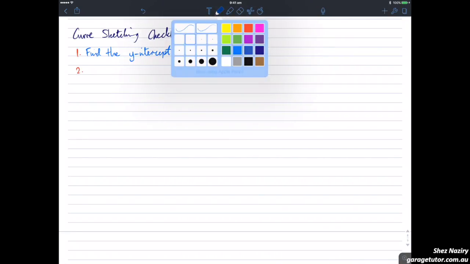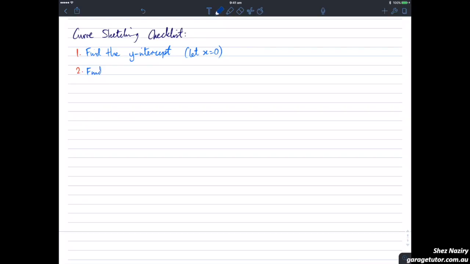Now, with this one, you have to be wary. Remember, I gave you guys a rule or a stipulation yesterday. Remember, find the x-intercepts. I'll put it in brackets because sometimes there's only one intercept. But there's a catch, guys. The catch will be only if possible.